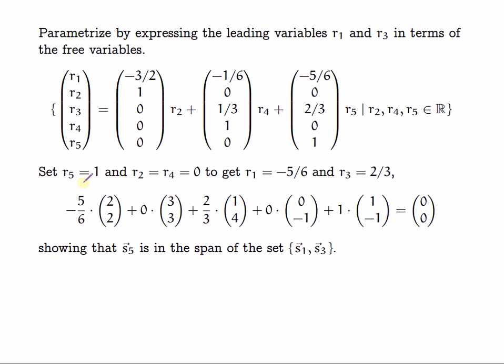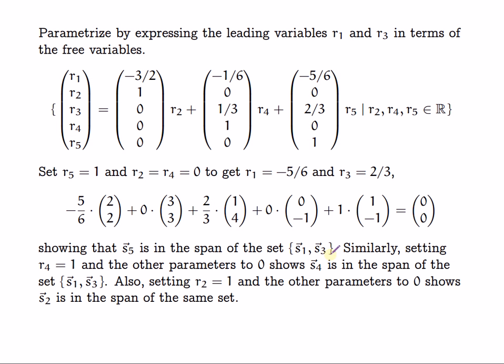Now suppose I set R5 equals 1, R2 equals R4 equals 0, and that gives me solutions for R1 and R3. And that shows that S5 is in the span of S1, S3. On the other hand, you can show similarly that S4 and S2 are in the span of S1, S3.